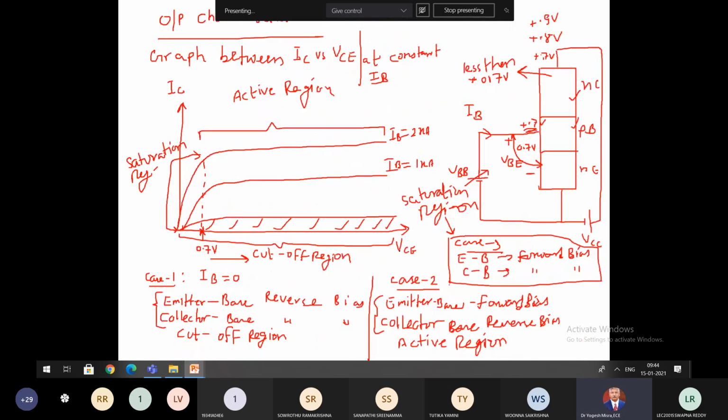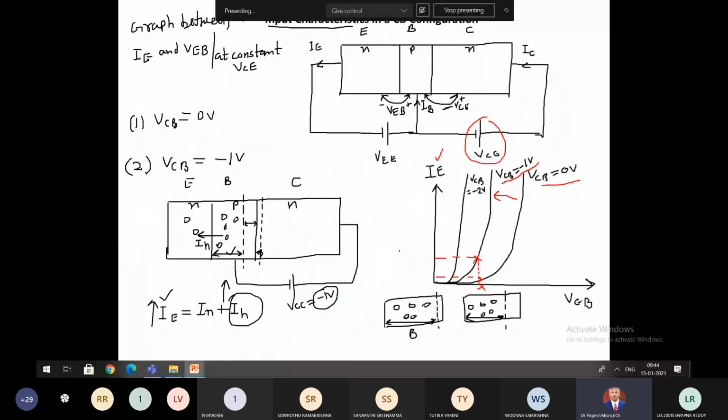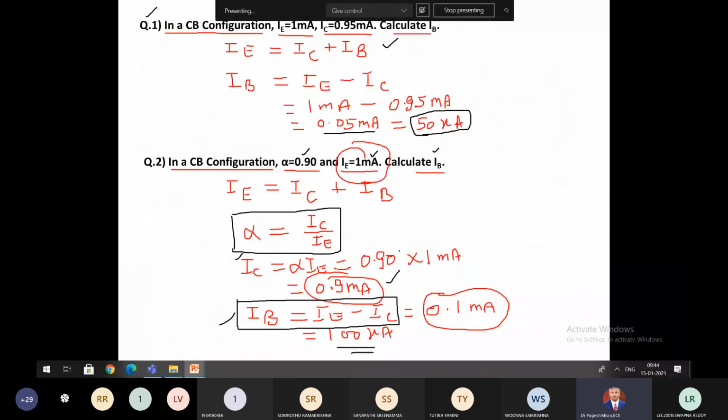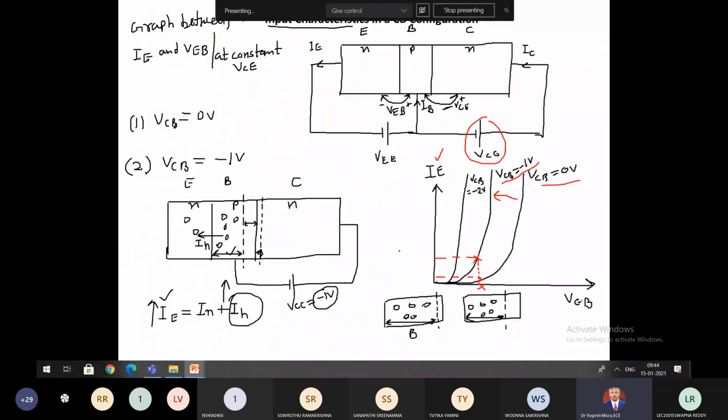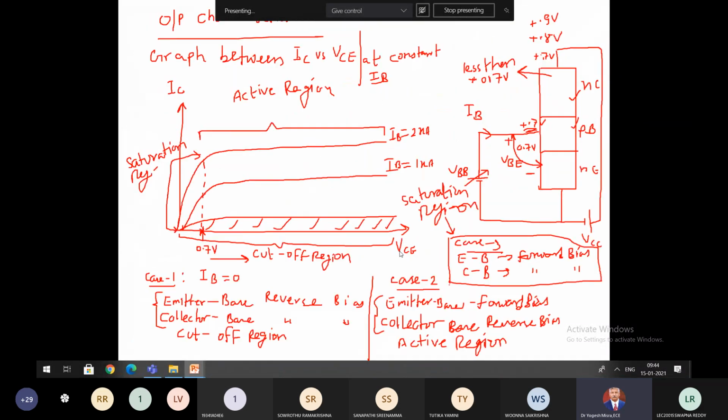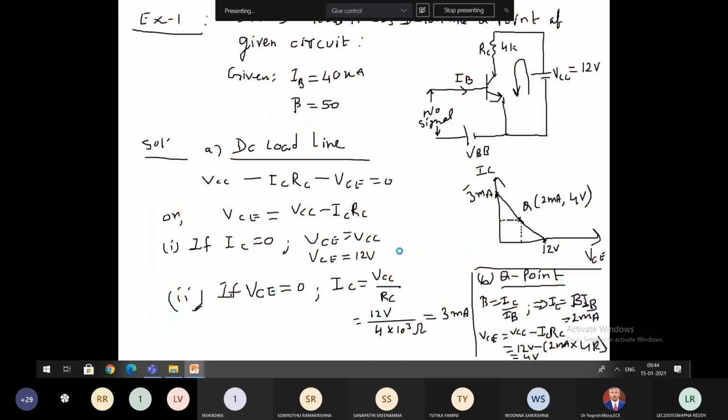See, one expression in last class we derived, if you recall, expression of collector current in case of common emitter transistor.